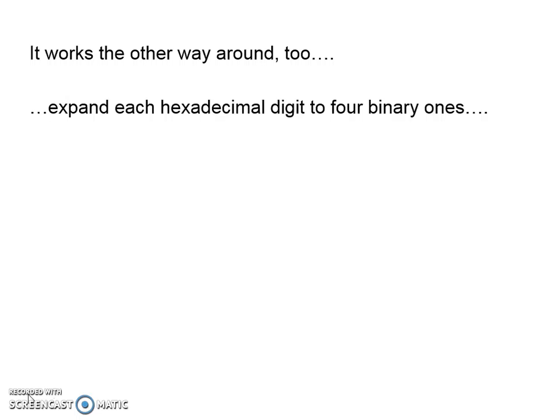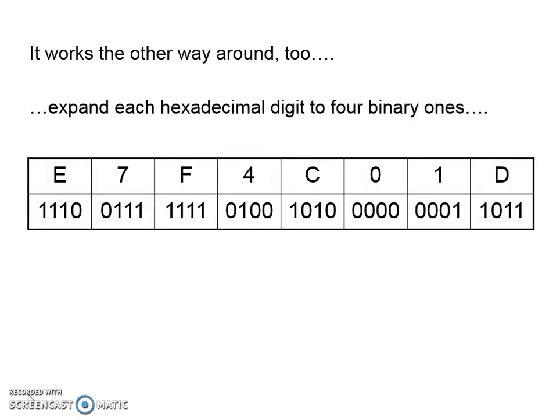And we can work the opposite way as well. We can take each hexadecimal digit and convert it into 4 binary digits, working from the right. So this extremely large multiplication, division, subtraction, addition problem of converting E7F4C01D can be broken into 8 small conversion problems.